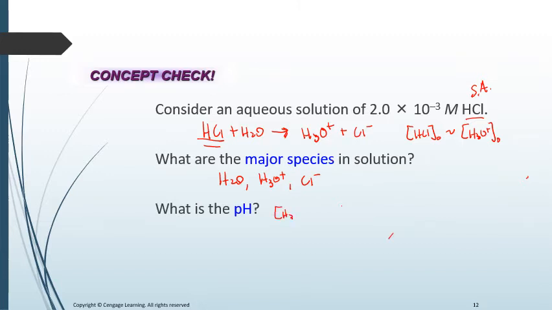Now, because I know the HCl and the H3O plus concentrations are essentially the same, I can say that I have an H3O plus concentration equal to 2.0 times 10 to the minus third. Notice again, I have two significant figures for my answer, so I'm going to have two numbers after the decimal point. So if I plug in to solve for the pH, I take the negative log of 2.0 times 10 to the minus third, and we end up with 2.6989.